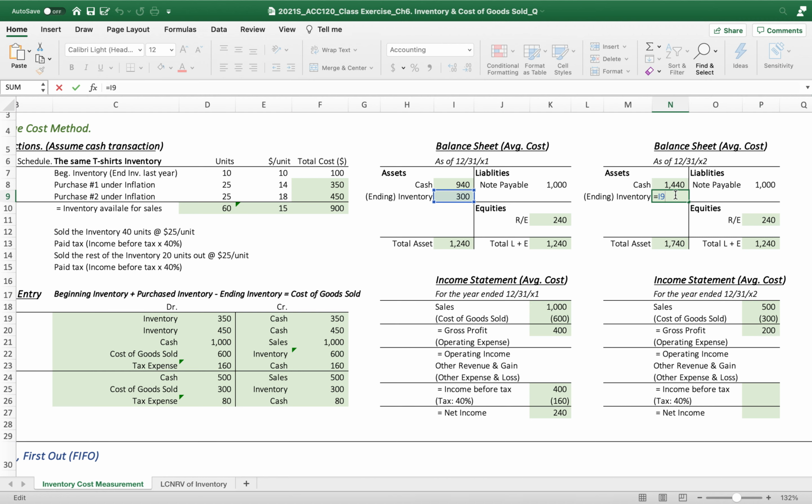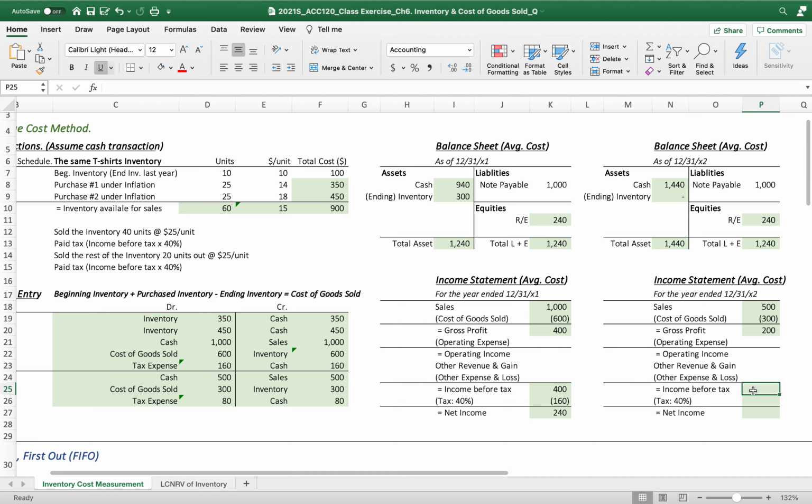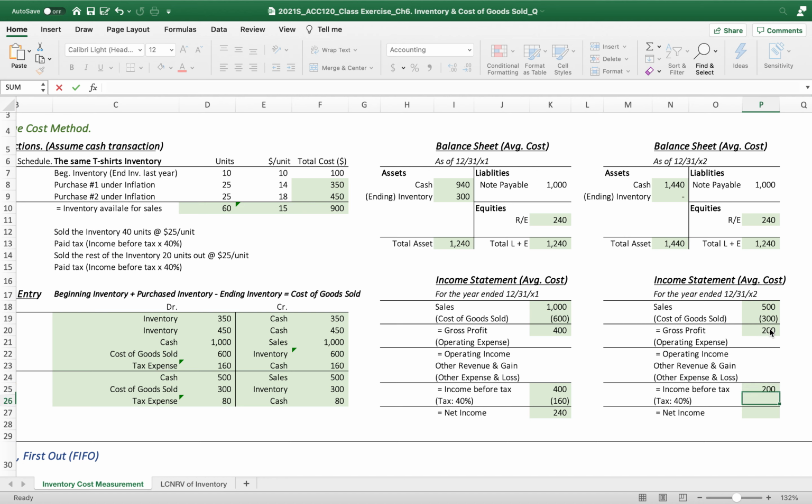We don't have inventory any longer because we sold everything, the rest of this inventory. So you don't record any inventory. And then the income before tax, we don't have any other transaction here. So the income before tax is 200.